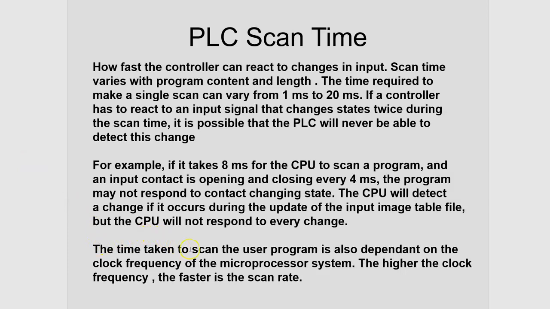The time taken to scan the user program is also dependent on the clock frequency of the microprocessor. The higher the clock frequency, the faster the scan rate. And I forgot to mention that, but that goes back to the first week of class. We talked about periodic signals and non-periodic signals.